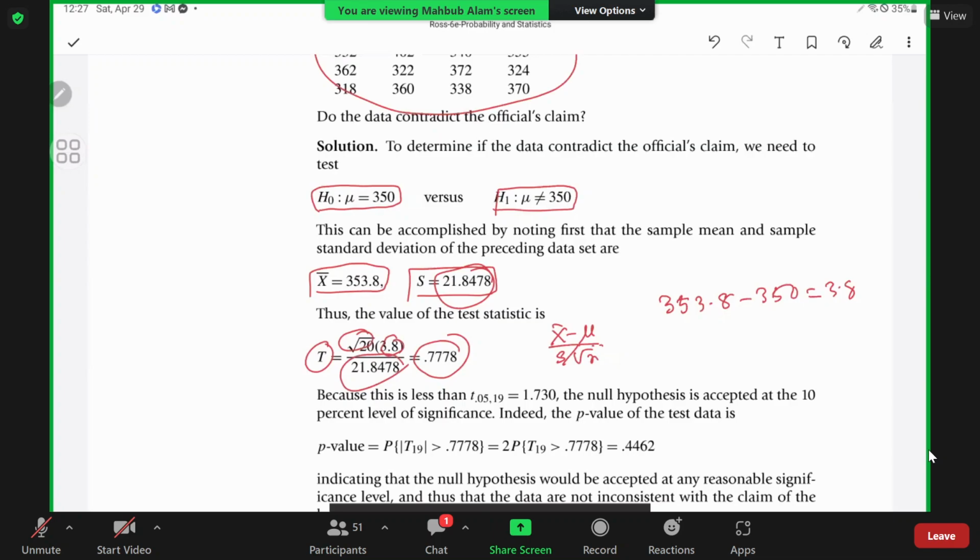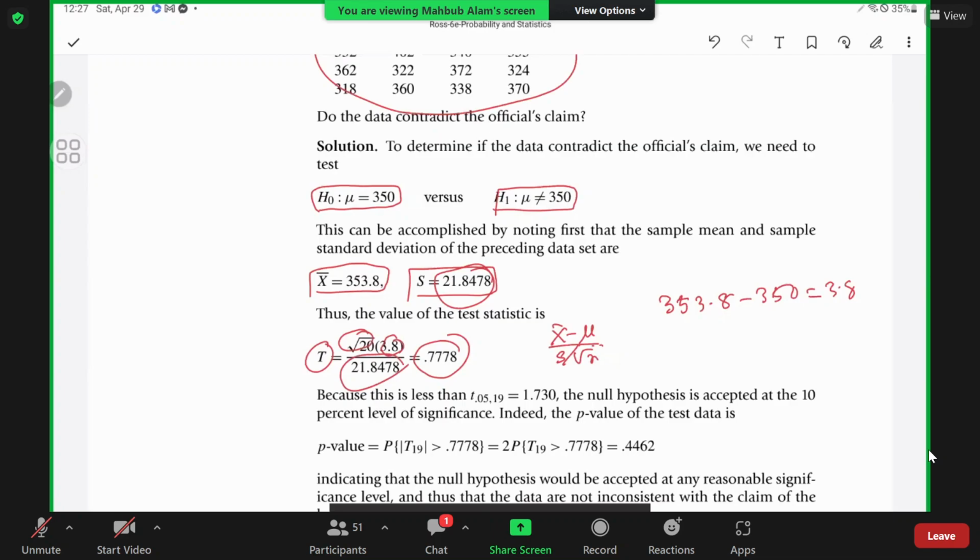Before we leave this chapter, just one more thing. If the hypothesis testing is concerning the variance of a normal population, that means now all the tests that we have considered: one was known variance, we test the mean. Unknown variance, we test the mean.